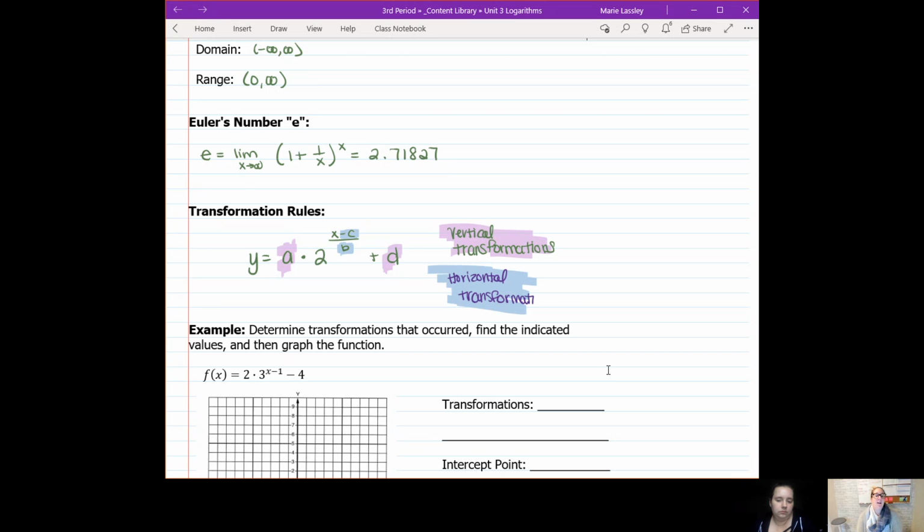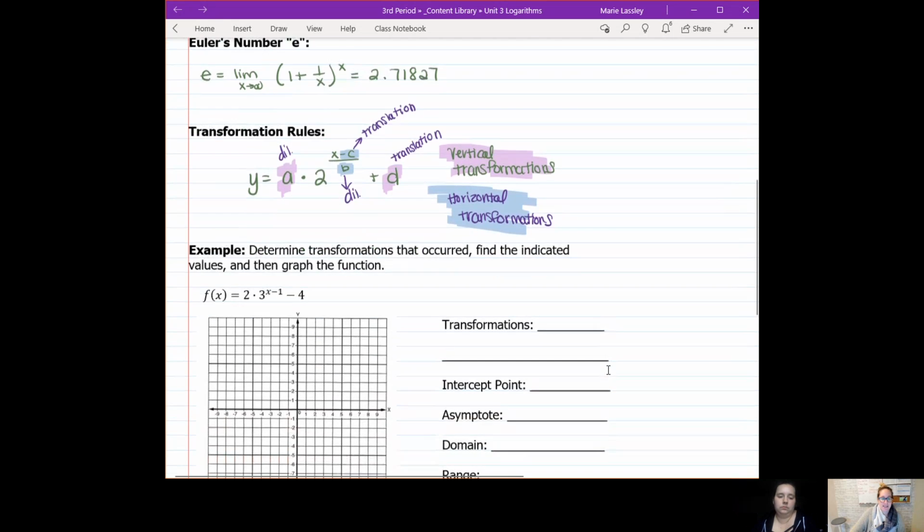Okay, so a is a dilation. d is a translation, moving up and down. c is a translation, that's moving us side to side. And b is our dilation horizontally. So nothing really has changed, but I know that this is a weird looking function. So maybe inside the function versus outside the function is a little harder to figure out, which is why I wanted to look at it with you guys real quick.